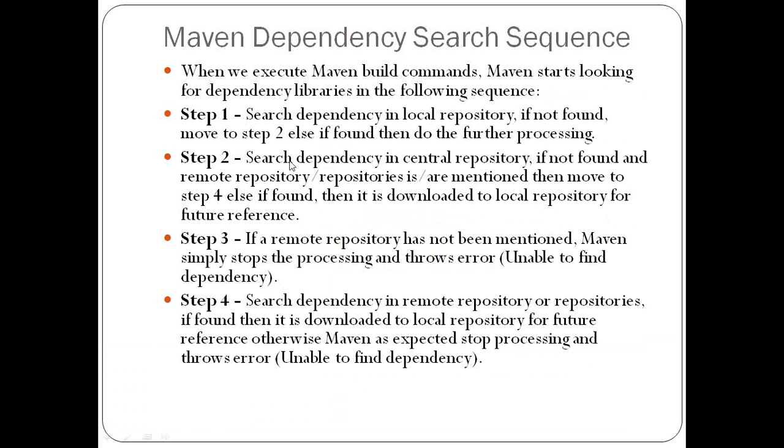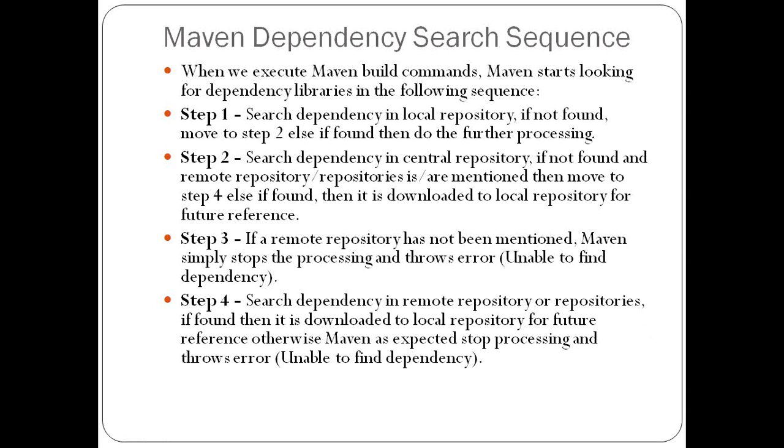If not found and remote repositories are mentioned, then move to step 4, which does a search on the remote repositories. If the dependency is found in the remote repositories, it will download it to the local repository for future reference. Otherwise Maven will throw a build failed exception. If the dependencies are found in the central repository, then also it will download them to the local repository for future reference.